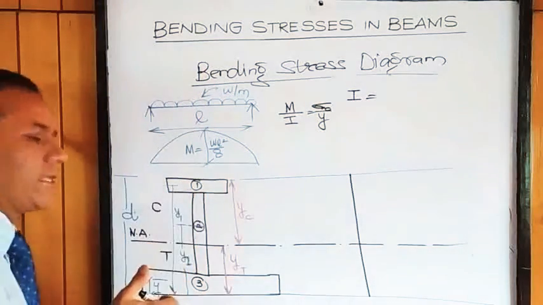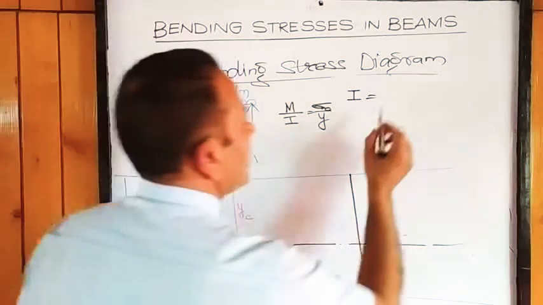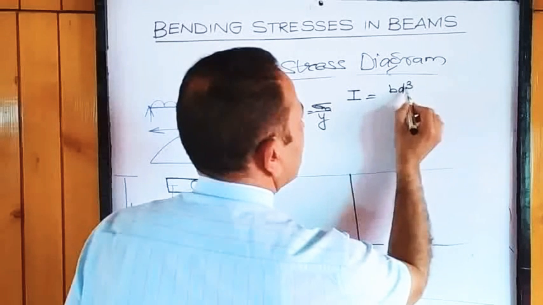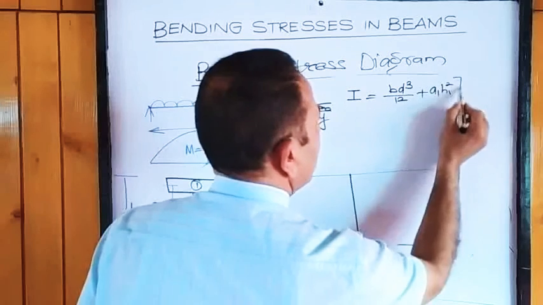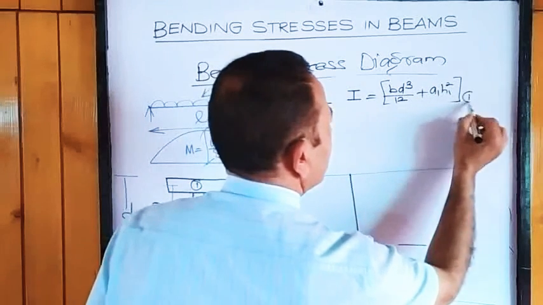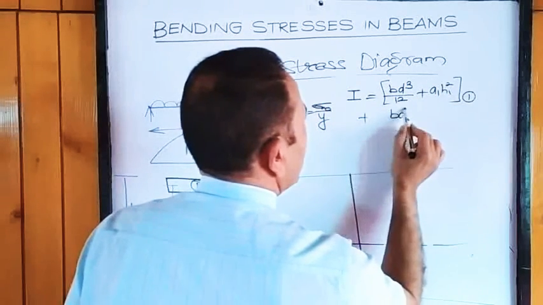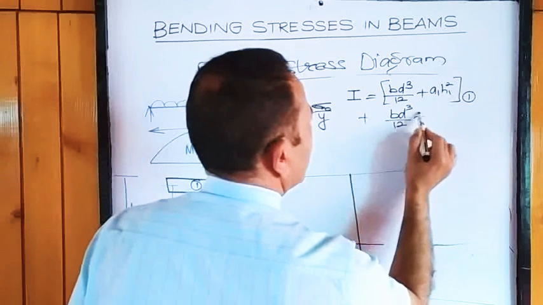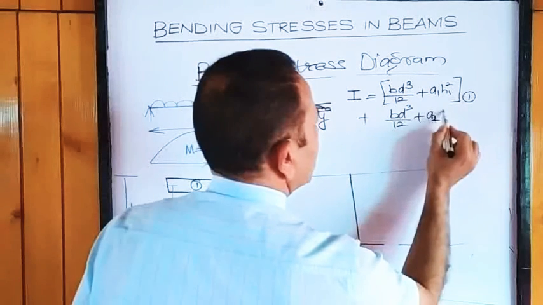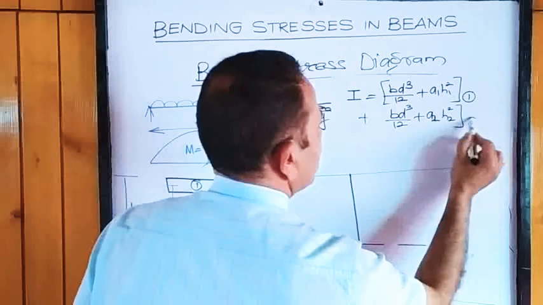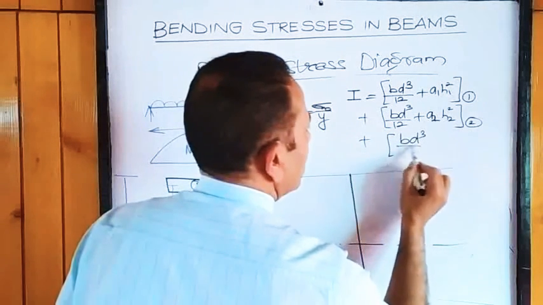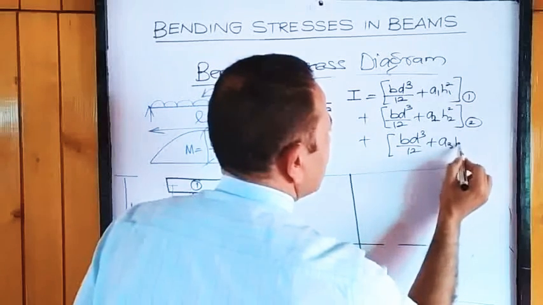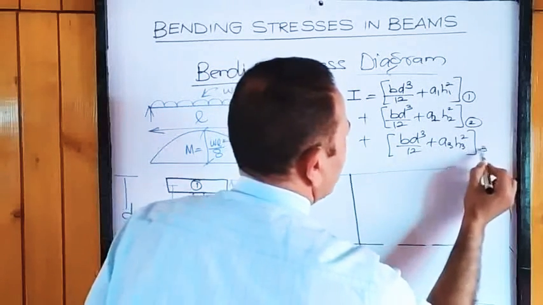Moment of inertia for all the three rectangles taken together will be BD cubed by 12 plus A1 H1 squared, this will be for rectangle 1, plus BD cubed by 12 plus A2 H2 squared, this will be for rectangle 2, plus BD cubed by 12 plus A3 H3 squared, this will be for the third rectangle.